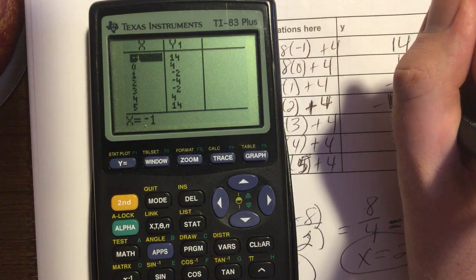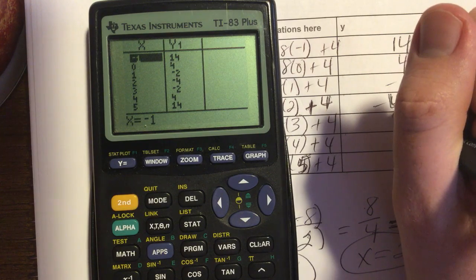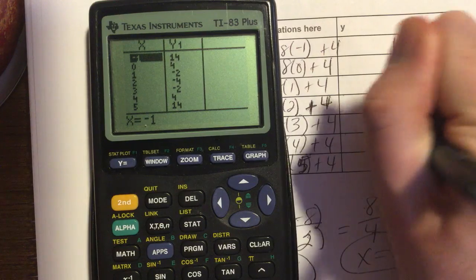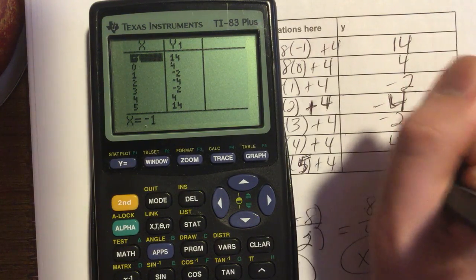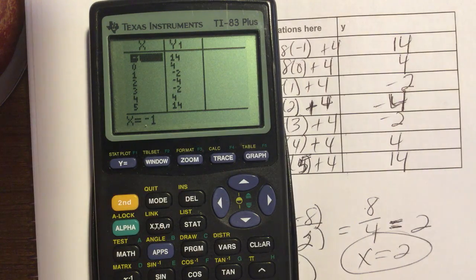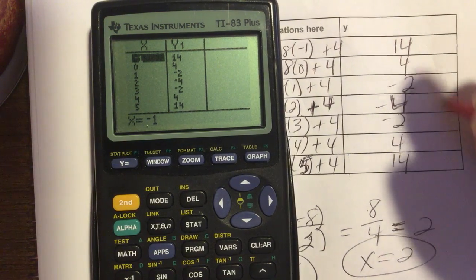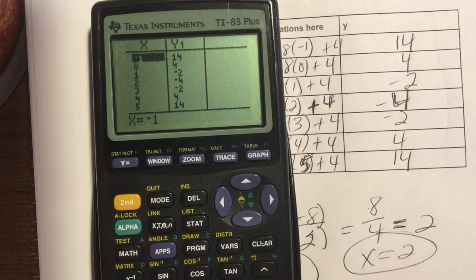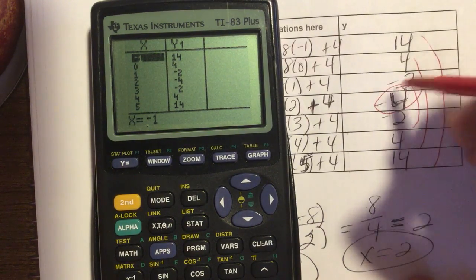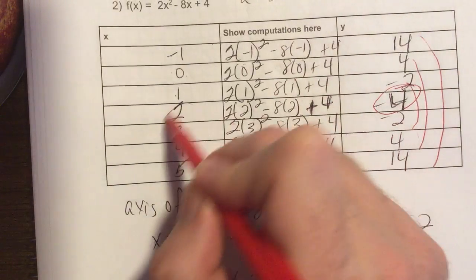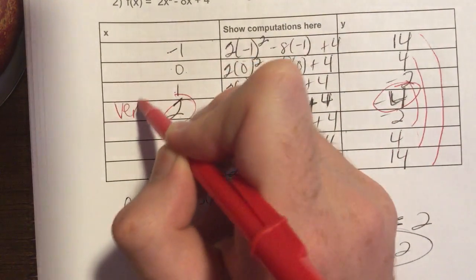We already know that x equals 2 is the vertex, 2 comma negative 4. And then we're going to have 3 comma negative 2, 4 comma 4, and then 5 comma 14, and you should see symmetry again. And that middle one stands out because it's that place where it turns at the vertex.